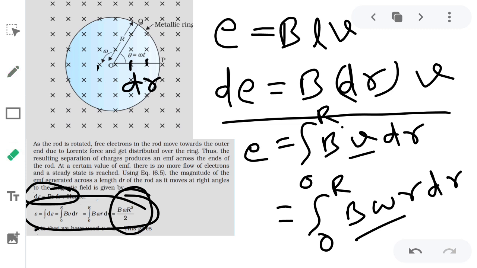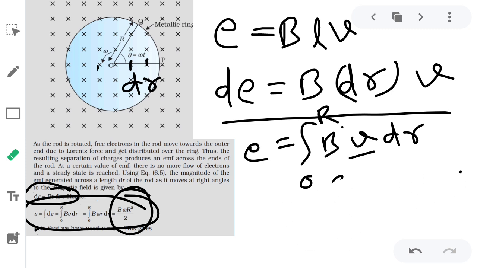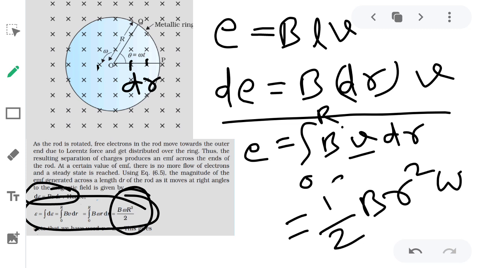So the final answer we get here is half B R square omega.